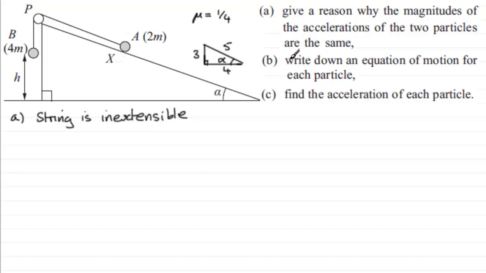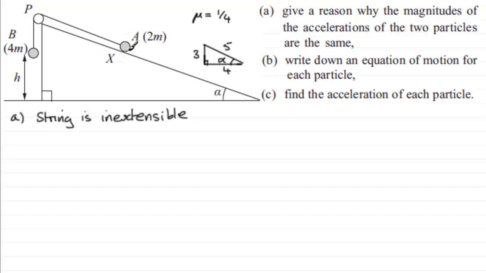So for part B we've got to write down an equation of motion for each particle. Now, that's by the way applying Newton's second law, force equals mass times acceleration. But before we can ever do this we need to spend time marking out forces and angles on our diagram. So let's start with the forces first of all.